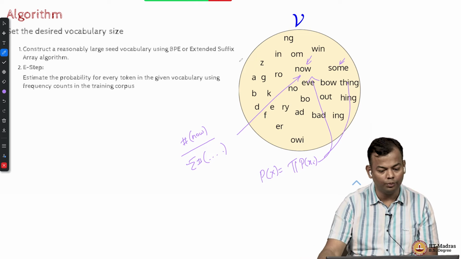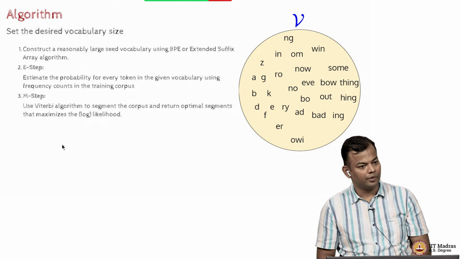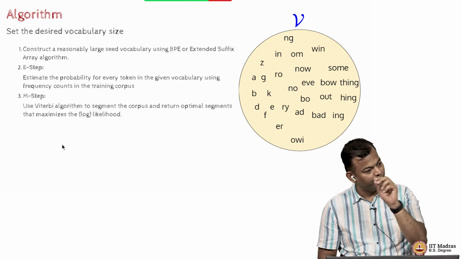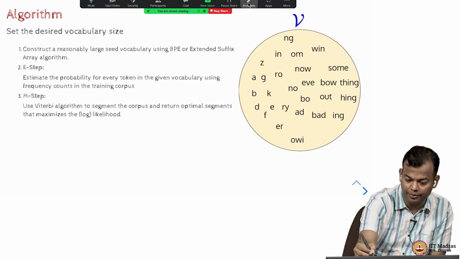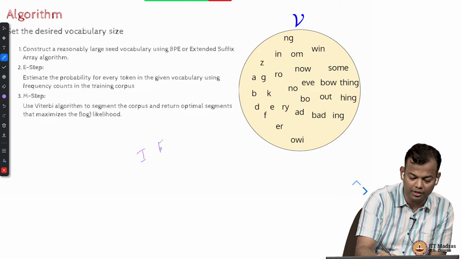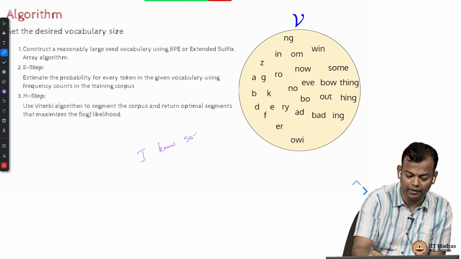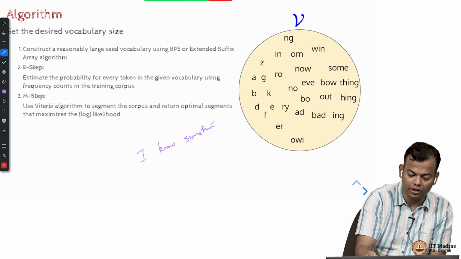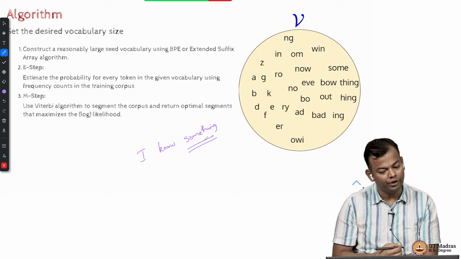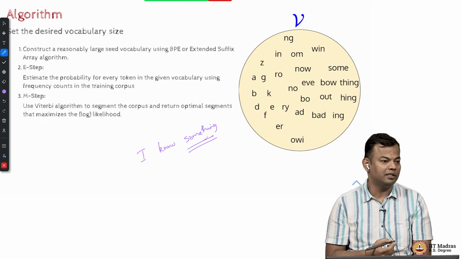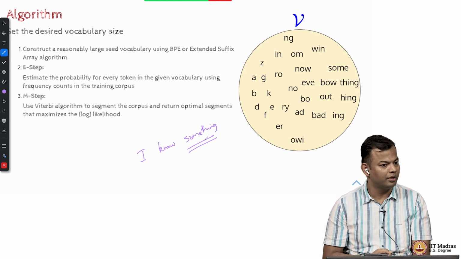Now in the M step, for every word in my corpus. Suppose here was one sequence in my corpus, I know something. Now for every word, let's take something, I am going to compute what is the best segmentation for something.